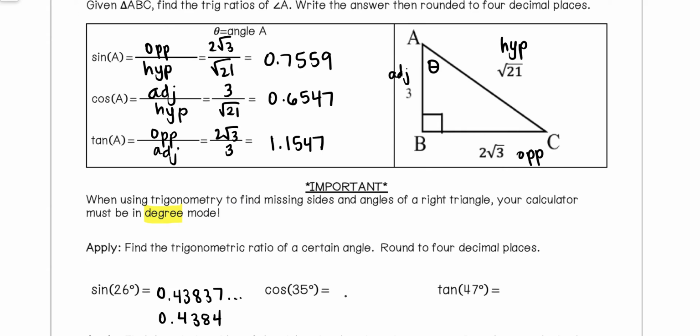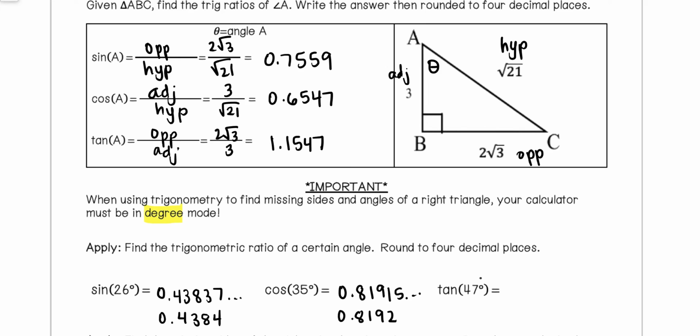Same thing with cosine of 35 degrees. We're just going to type in COS parentheses 35 and close the parentheses, and you end up with this amount. Again, I'm writing the 5th number so that we can look and see what will happen to our 4th decimal place, since there is a 5 that rounds up the 1, and so this would turn into 8192 after the decimal.